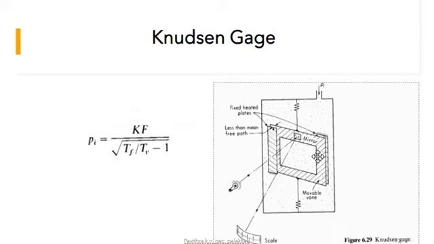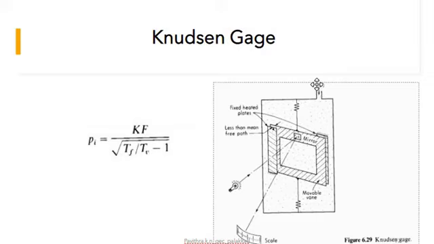This deflection of the movable vane is measured by the deflection of the spring suspension. So by measuring the deflection, we can obtain how much force is produced here, which will be proportional to Pi.